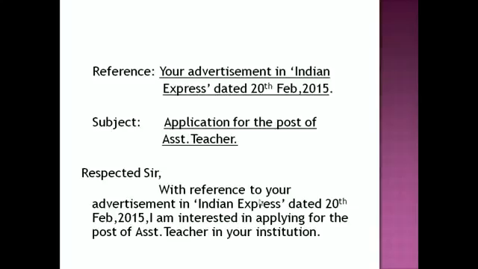Look at the reference and subject which we have written above and look at the first paragraph: With reference to your advertisement in Indian Express dated 20th Feb 2015, I'm interested in applying for the post of assistant teacher in your institute.